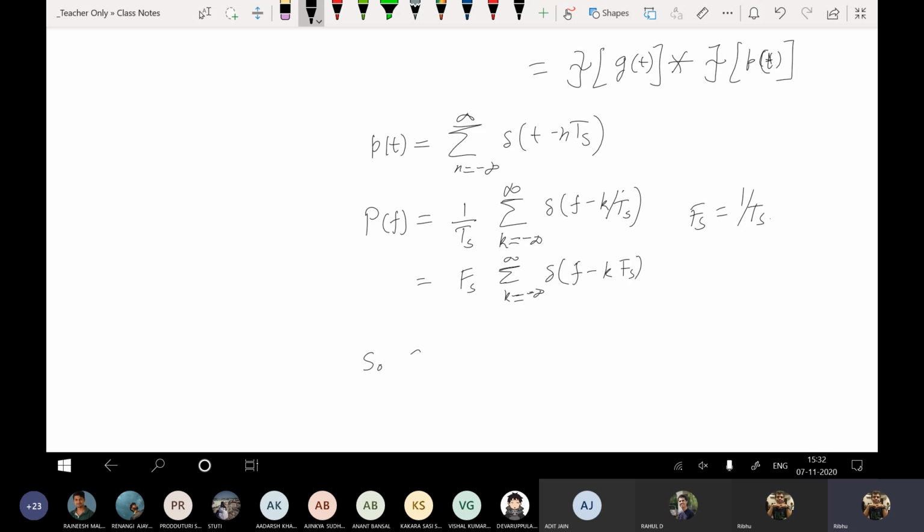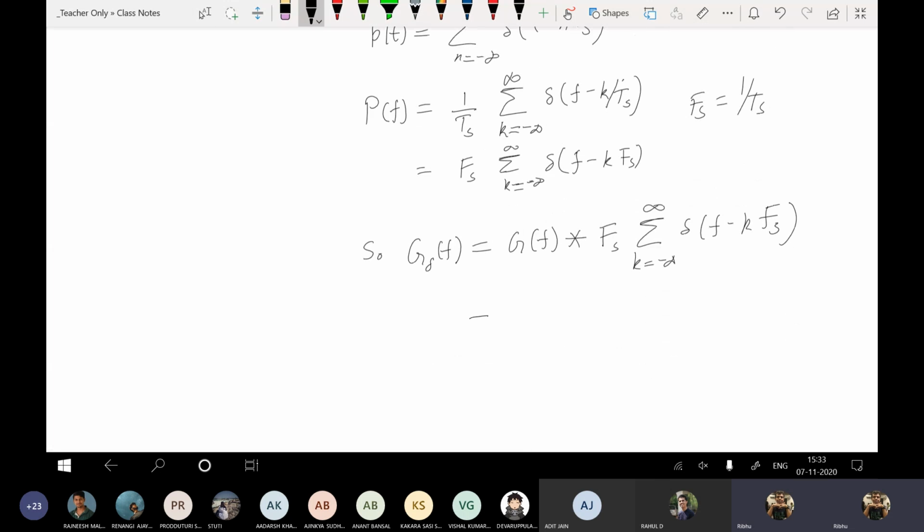So G delta(f) equals G(f) convolved with Fs times summation k goes from minus infinity to infinity delta(f minus kFs).